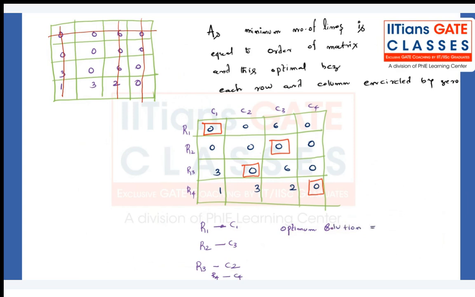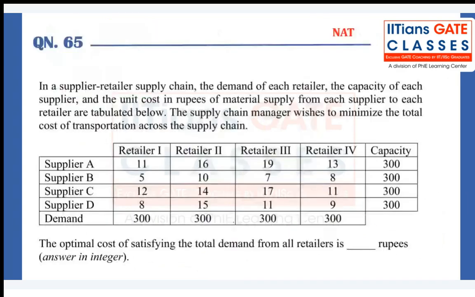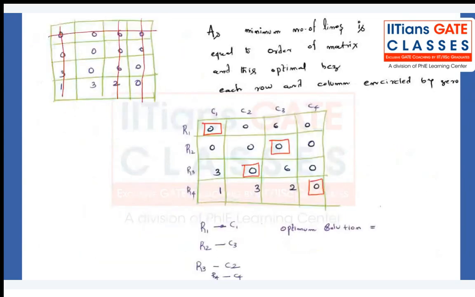add all those: R1C1, R2C3, R3C2, R4C4. So here C1, C2, C3 and C4, and R1, R2, R3 and R4. Now it is going to be R1 C1. So what is the value here? 11. So we just use 11 plus next R2 C3.